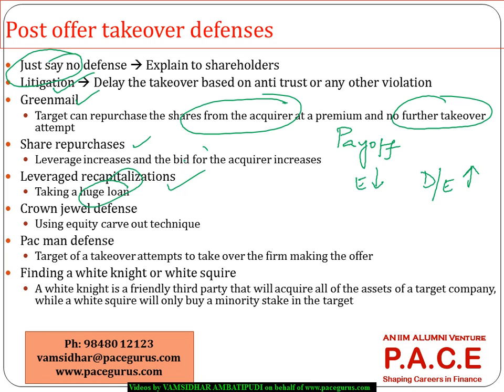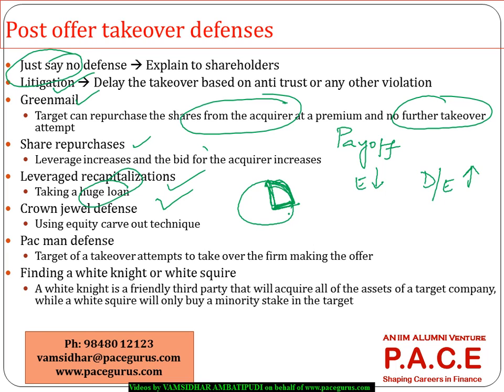And in some cases, we see some interesting defense mechanisms called the crown jewel defense mechanism, wherein I will carve out a small portion of the company and float this as a separate one, right?